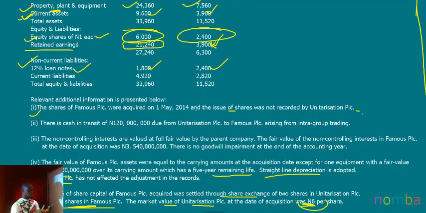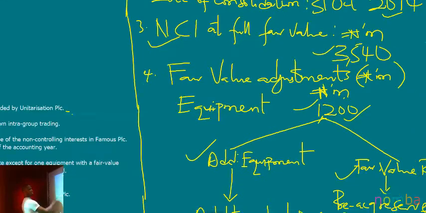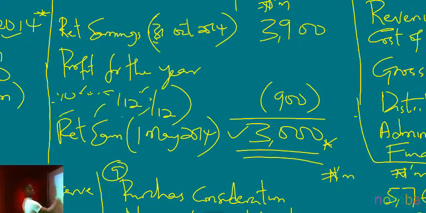So I will add the 1,800 to the 2,400, which gives me 4,200, the 12% loan notes. So let me go to my consolidated statement of financial position.